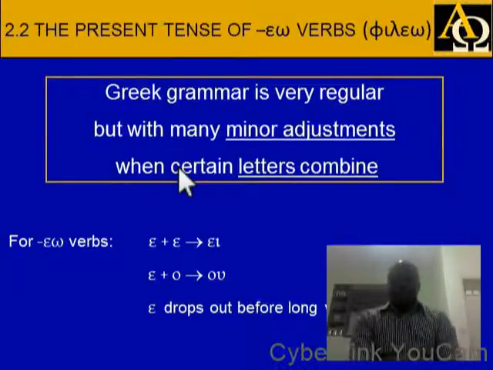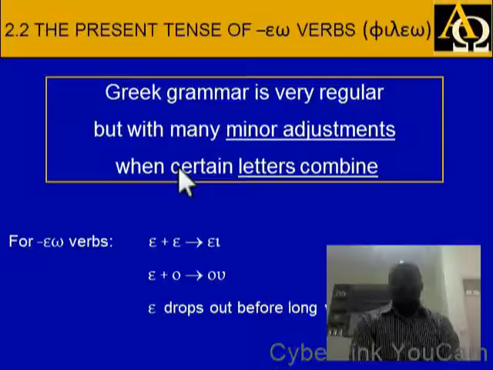The present tense of epsilon-omega verbs, phileo. Greek grammar is very regular, but with many minor adjustments when certain letters combine. When you have epsilon-omega verbs, you must know what happens when two letters combine. Epsilon plus epsilon combine to form epsilon iota.